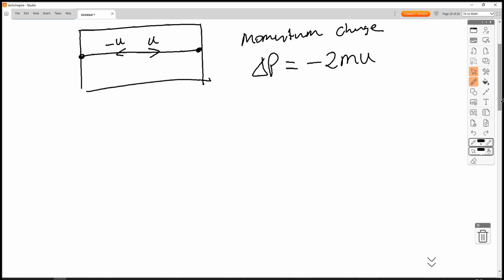Now, if there is a change of momentum, and it takes some finite amount of time for that momentum to change, then the force is given by the rate of change of momentum.